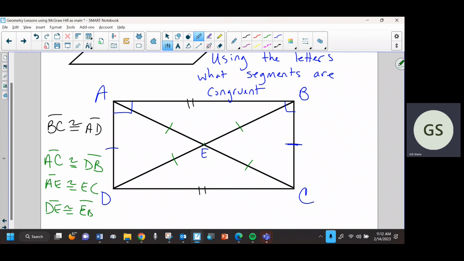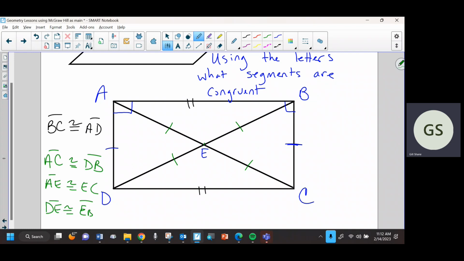If this one's 10 and this one's 10, when I divide it in half, I get 5 and 5 and 5 and 5. I don't care what number you plug in there, it's always going to wind up being the same number all the way around when you split it in half. If this one's 20, well, then that one's 20. Well, when we divide them both in half, we get 10, 10, 10, 10.